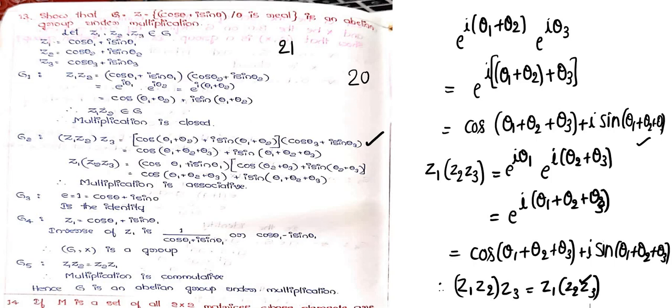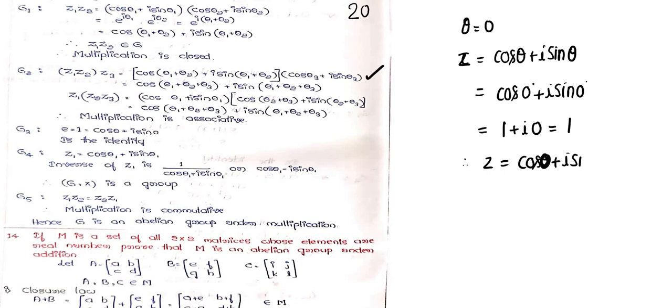Next, we want to show the existence of identity element. Here the operation is multiplication. That's why identity element is 1. So, take theta equal to 0, then z equal to cos theta plus I sin theta.